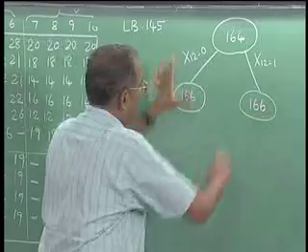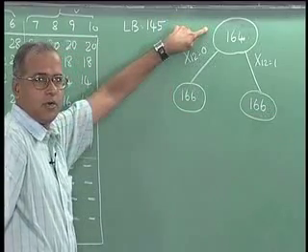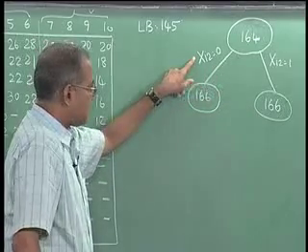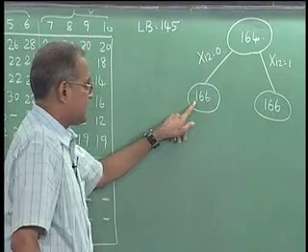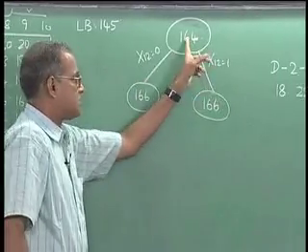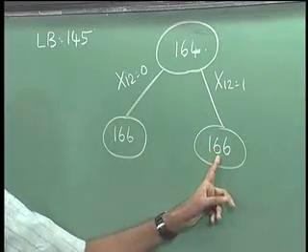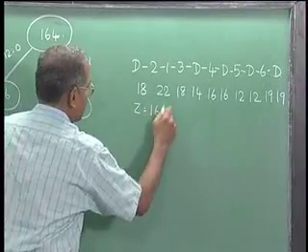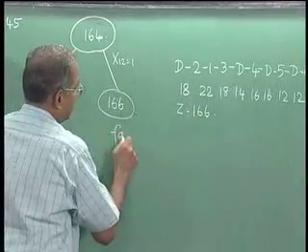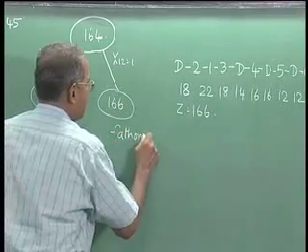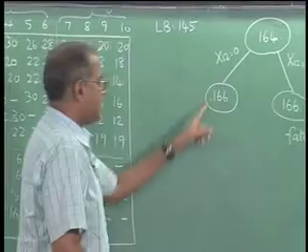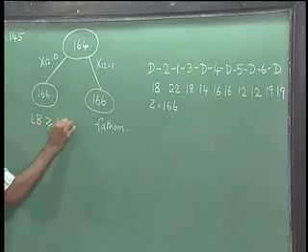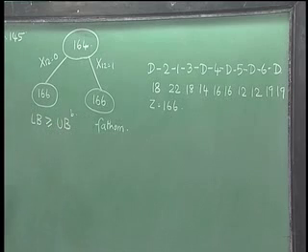In our branch and bound, we started with the starting lower bound of 164 and we branched with x12 equal to 0 to get 166. Now, here also when we branched we got 166. Now, we have a feasible solution with z equal to 166. So, we can fathom this node by feasibility and we can fathom this node by lower bound greater than or equal to current best upper bound.